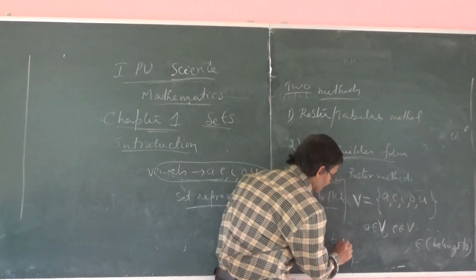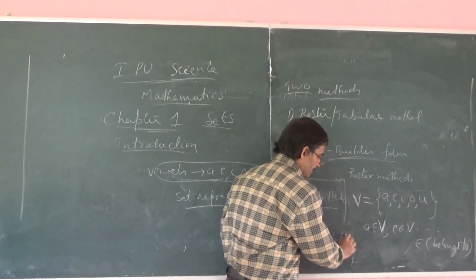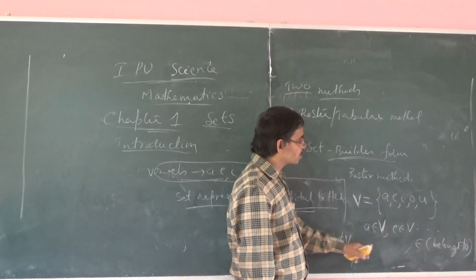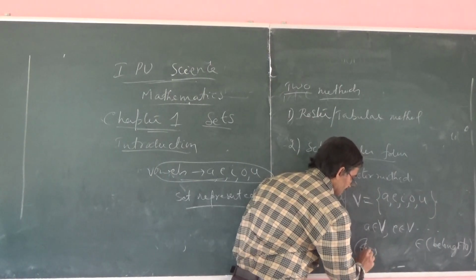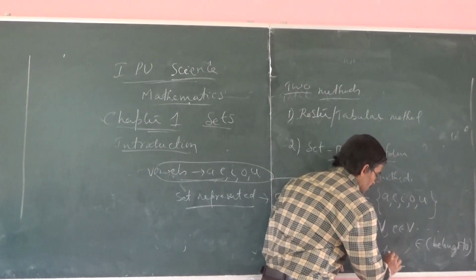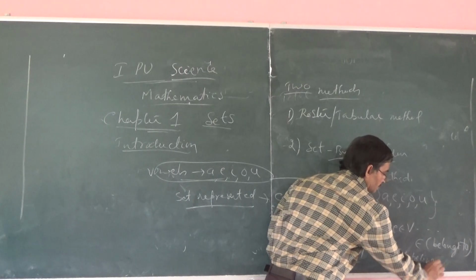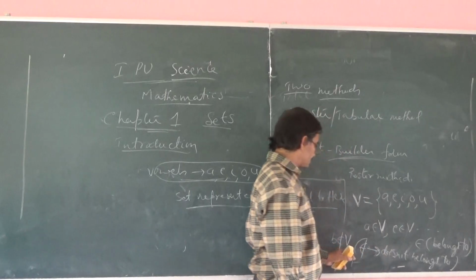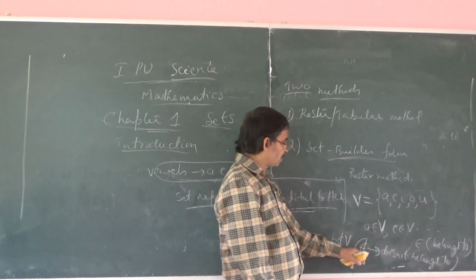So I will write B does not belong to B. This symbol stands for does not belong to. B does not belong to B.